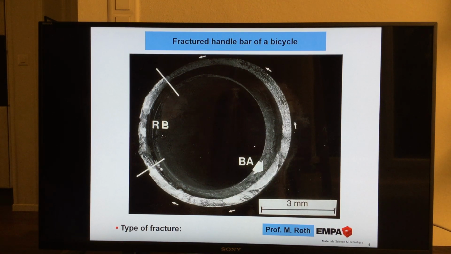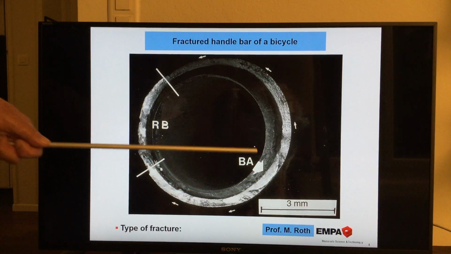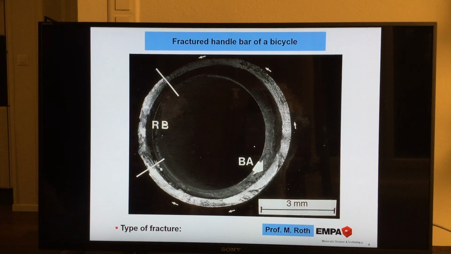It's normally outside of the tube, but here it's inside. So that tells us that there is something special, something very wrong probably, which has a very bad influence on that component, leading to an early stage of crack initiation.